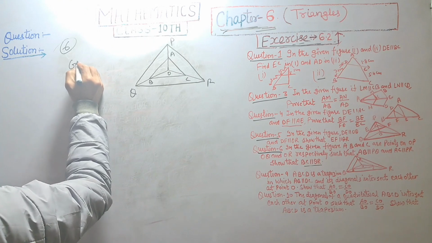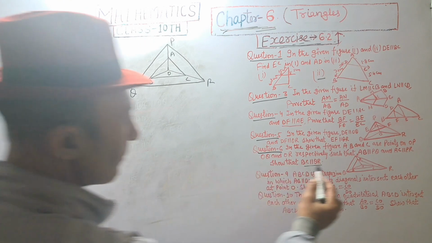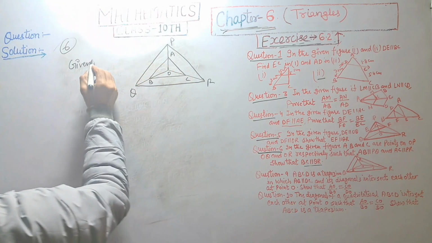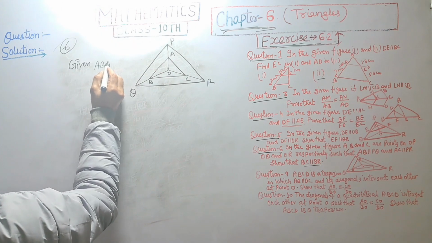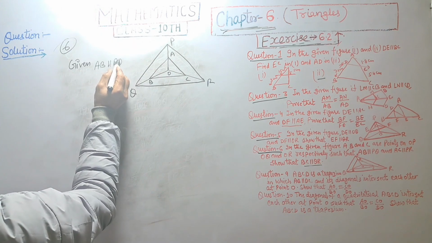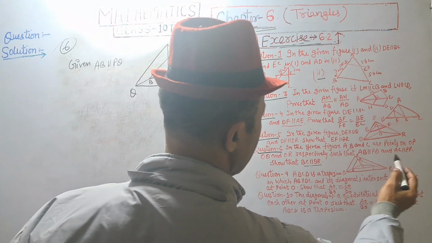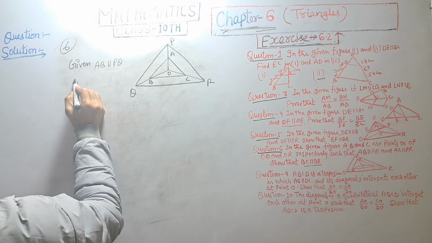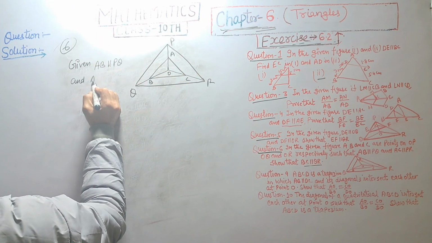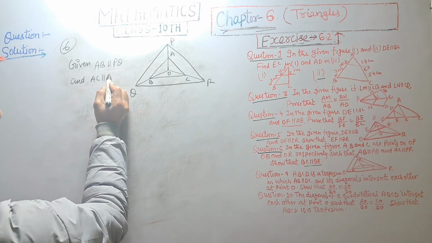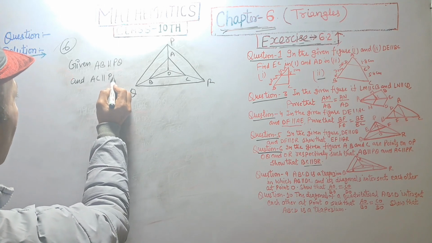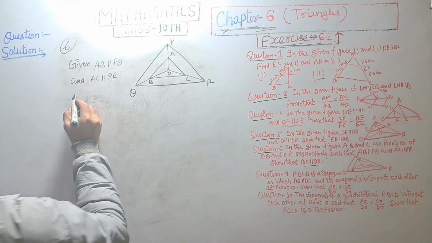Given AB is parallel to PQ and AC is parallel to PR. It's given.